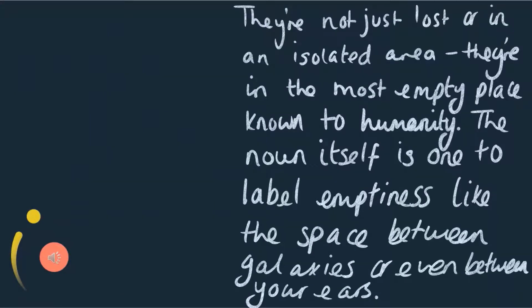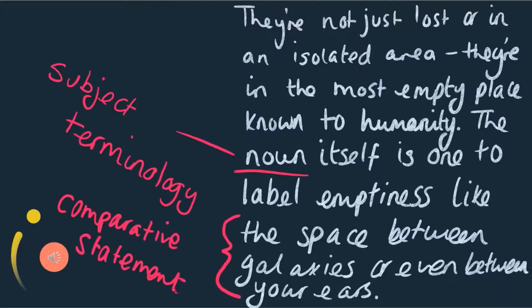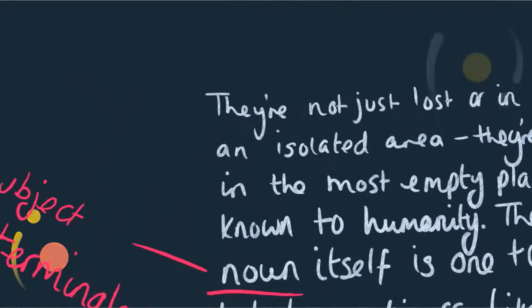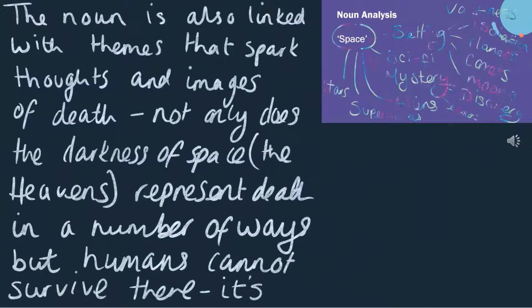They're not just lost or in an isolated area, they're in the most empty place known to humanity. The noun itself is one to label emptiness, like the space between galaxies, or even between your ears. The noun is also linked with themes that spark thoughts and images of death.